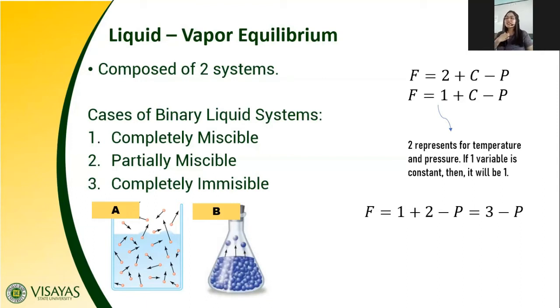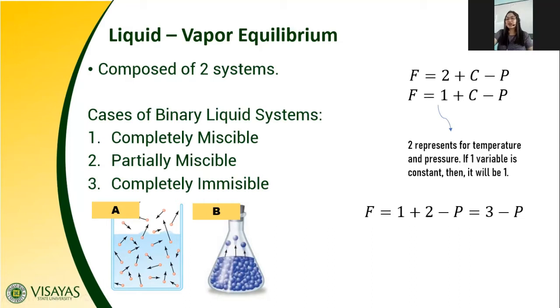There is a balanced amount of the phases that exist in that particular mixture. This equilibrium condition is composed of two systems, and we have cases.